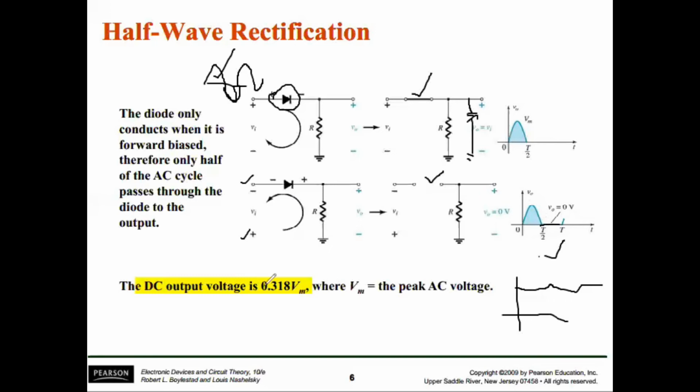The average value of this wave will be equal to 0.318 Vm. How can we calculate it?